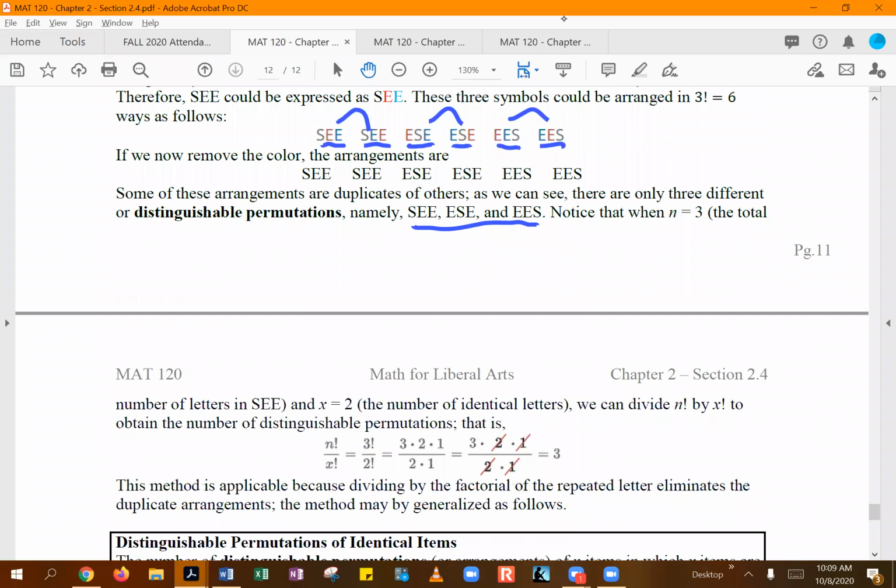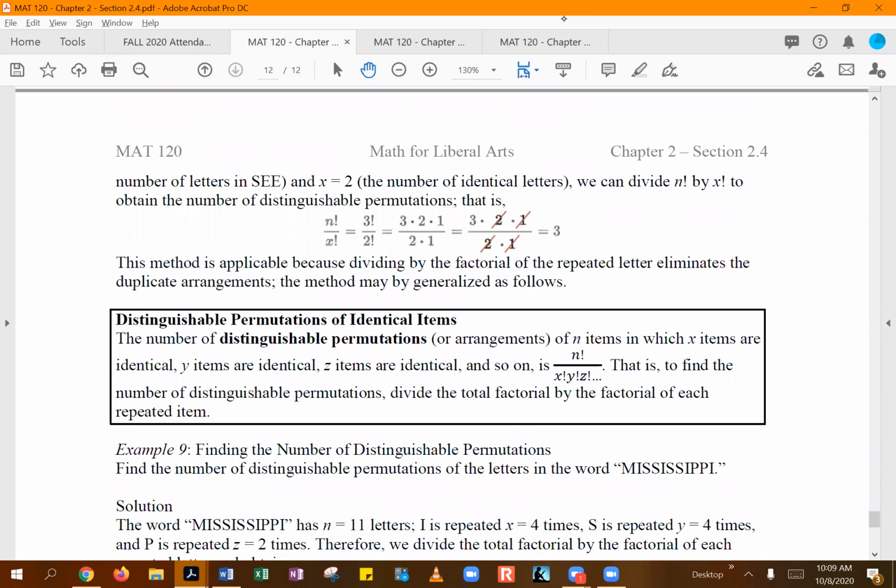So in these types of examples, we bring in this new rule for permutation with identical items. You will see we modify this equation a little bit. We've got 3 different letters, but technically you only have 2 alphabets, S and E. So when we do 3 factorial divided by 2 factorial, we get 3 different arrangements instead of 6.